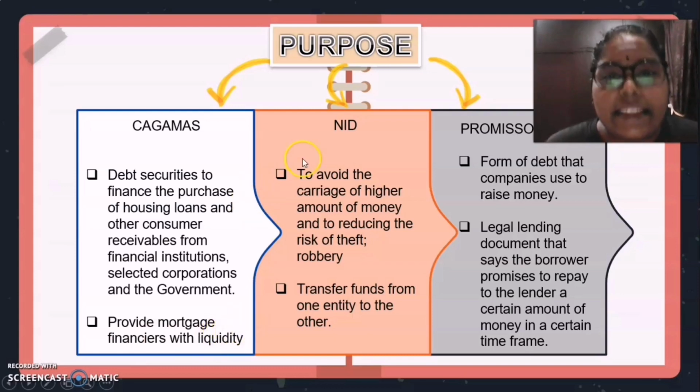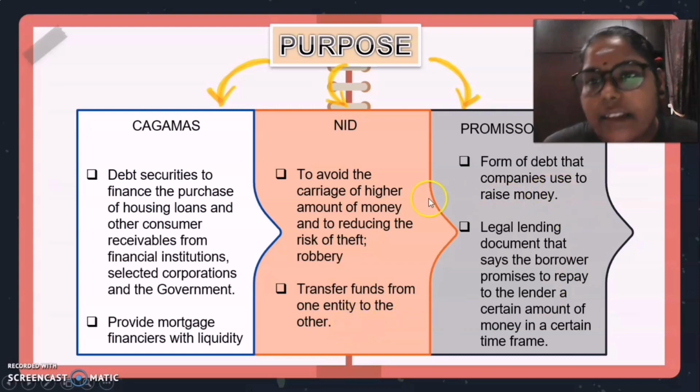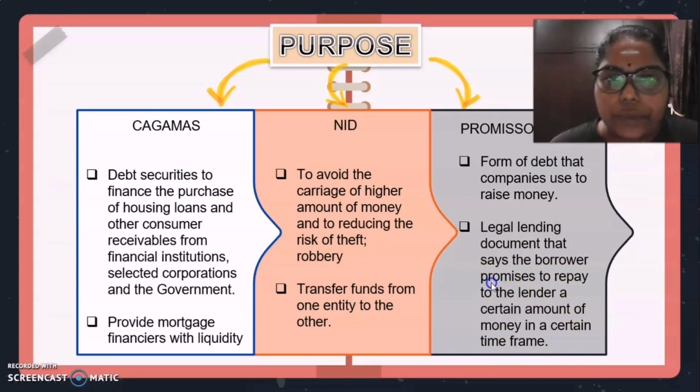NID avoids the carriage of a higher amount of money, reducing the risk of theft and robbery, and transfers funds from one entity to another. A promissory note is a form of debt that companies use to raise money, a legal lending document saying the borrower promises to repay the lender a certain amount of money in a certain time frame.